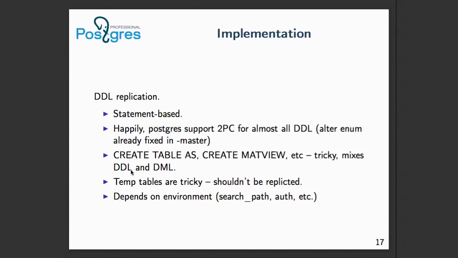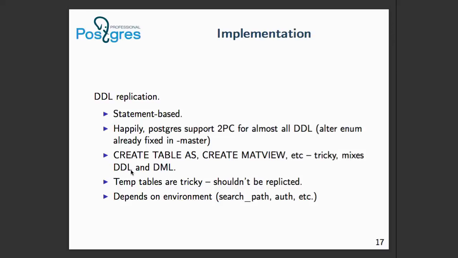So you need to filter out table writes so you will not replicate the same data twice. If you replicate create table as and apply it as text, and after that replicate the data itself, you will end up with a situation where all your data on the cohort is duplicated. So we are handling that situation.